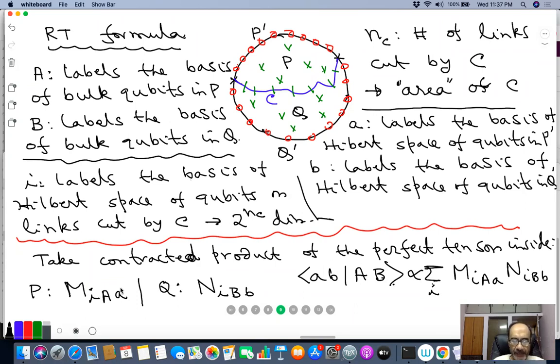So what is the claim? Let's suppose that we think of this as a map from the product Hilbert space of the bulk indices and the link indices into the boundary indices on P prime. We can think of it that way.